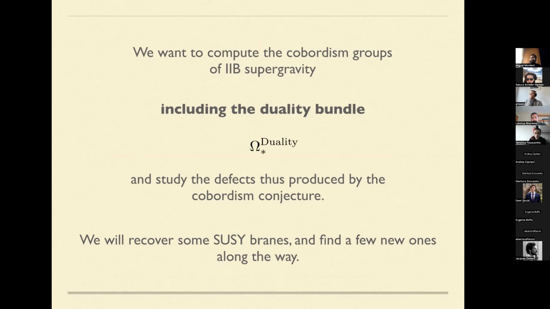Yeah, exactly. But in general, I might have missed stuff, right? There'd be elements of the duality group that have no fixed points, and so there's no expectation values for the scalar fields in type 2B that are invariant under that subgroup. Yes, that is true.